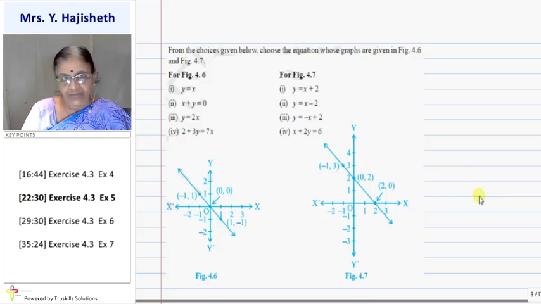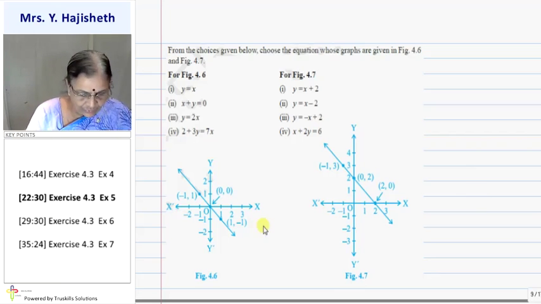So my equation must be, out of these 4 alternatives, y is x or y is 2x or y is minus x, but it won't be the fourth. Out of the first, second and third, any one must be the answer because all are passing through the origin. In ax plus by plus c is 0, if c is 0, then the graph is always passing through the origin. That you must know.